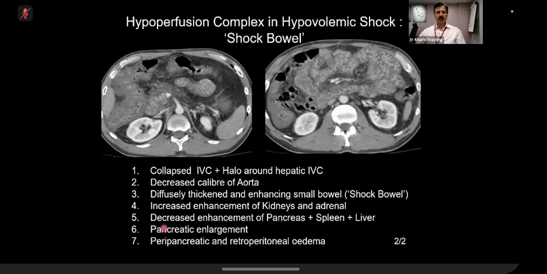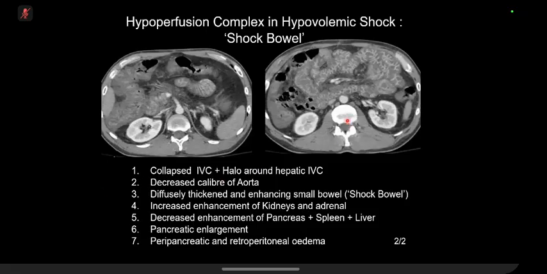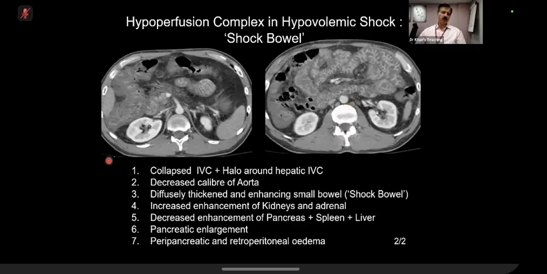And these are the signs from literature which have been given for shock bowel. Hyperenhancement of the adrenal is a bit of a subjective phenomenon, and similarly the kidney. But always look for the IVC, collapse of the IVC. There are some measurements also if you read a good article in RadioGraphics, but there is no need for the exam.